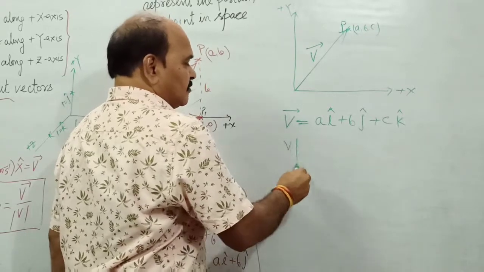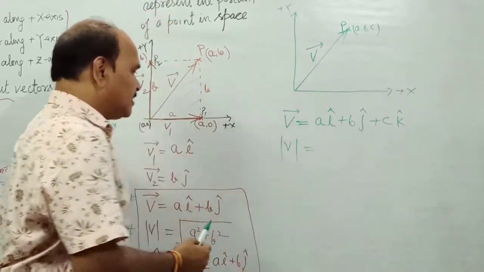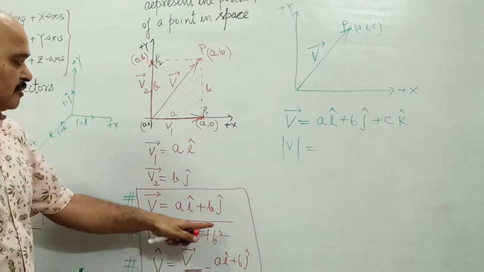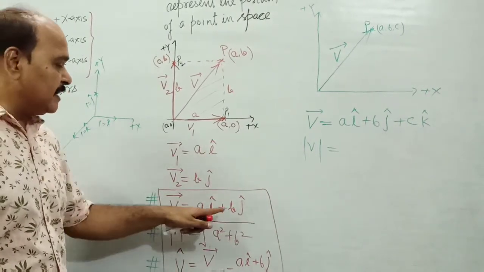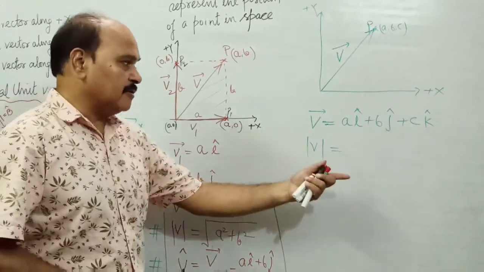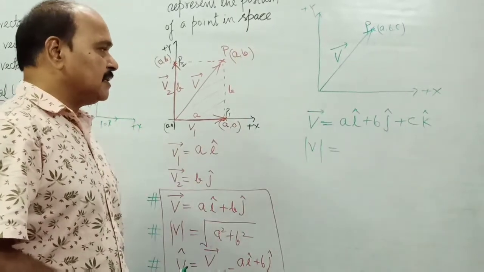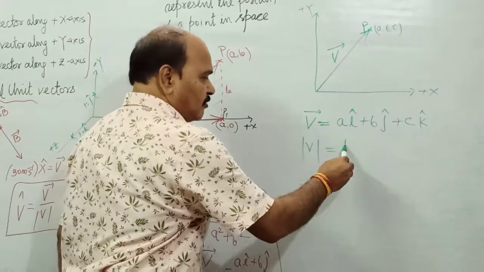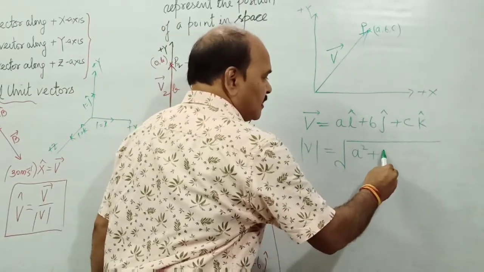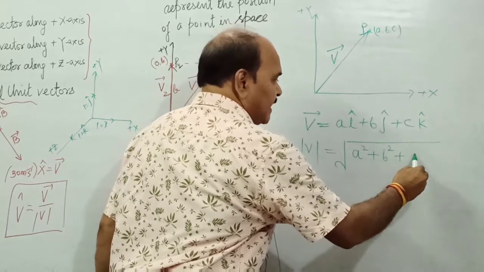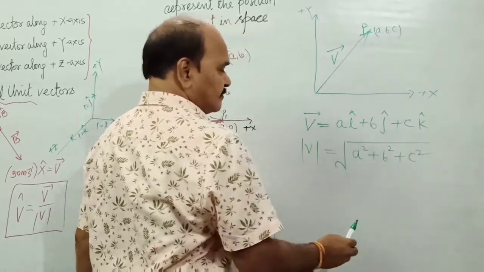What is its magnitude? Like for a vector in the plane, the magnitude is what? Square root of sum of the squares of the coefficients of i and j. Likewise here also, the magnitude of this vector in space is going to be square root of sum of the squares of the coefficients of i, j and k also this time.